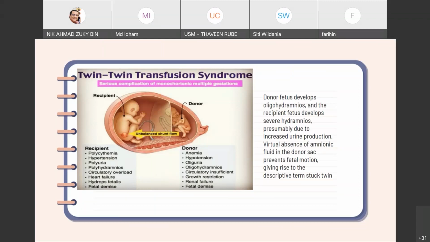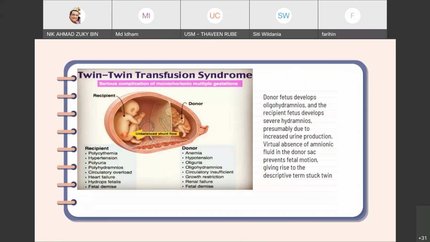Okay, you see, once the donor has no liquor at all and no bladder, it will be pushed to one side. So we call this condition stuck twin. The baby cannot move around the uterus or at its place.